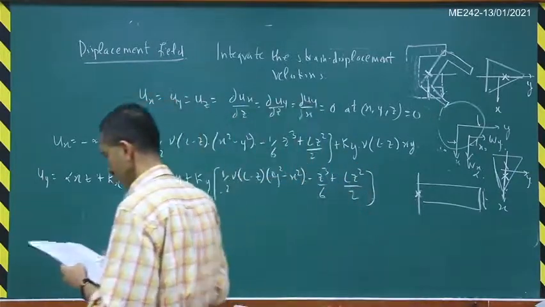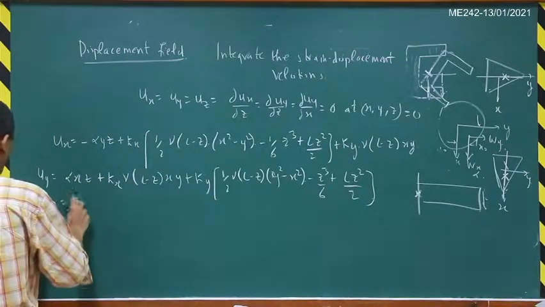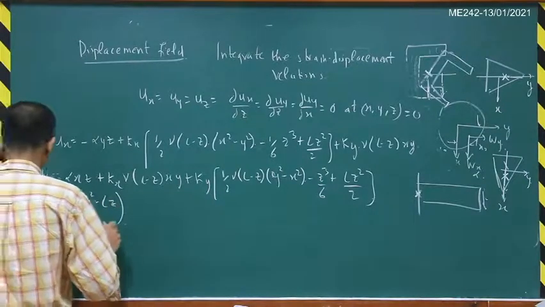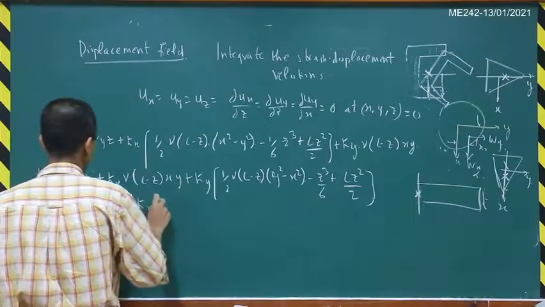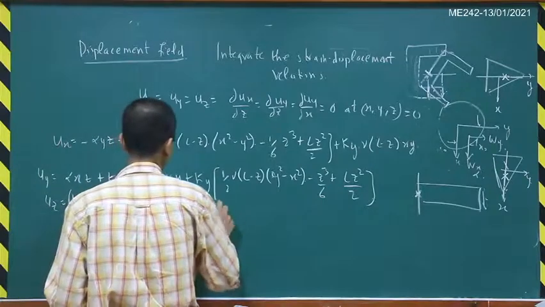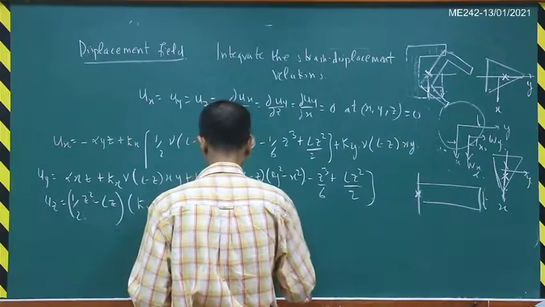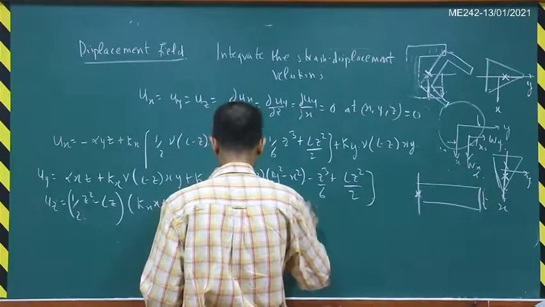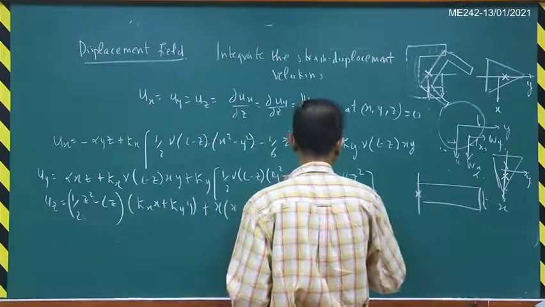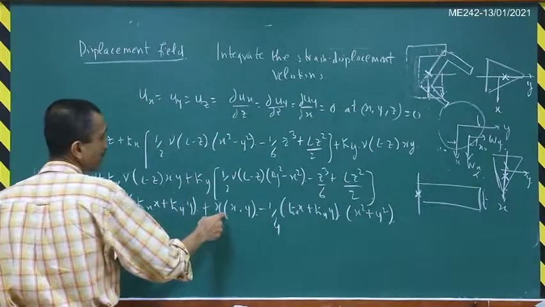So this is the expression for uy, and then uz is equal to half of z square minus lz times kappa x times x plus kappa y times y plus chi of x comma y minus 1/4 of kappa x times x plus kappa y times y times x square plus y square. So I will come to this. This function is a function to be determined.